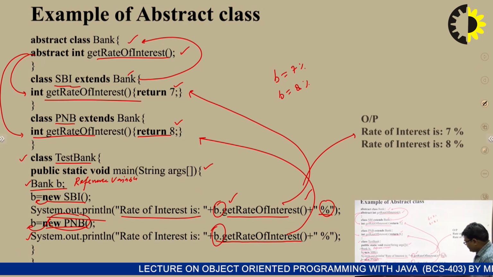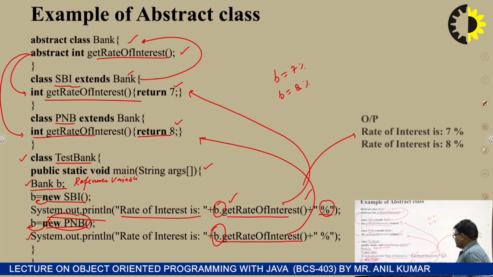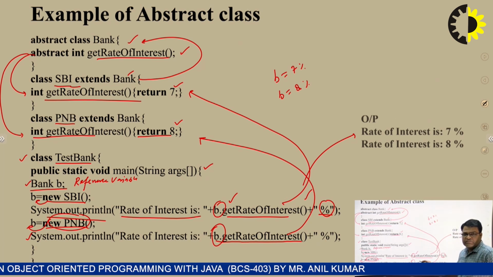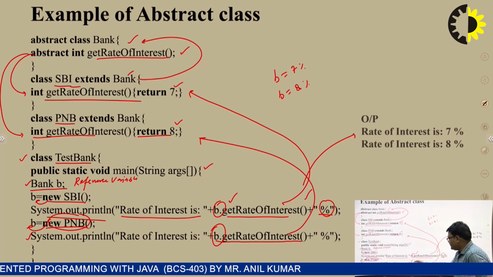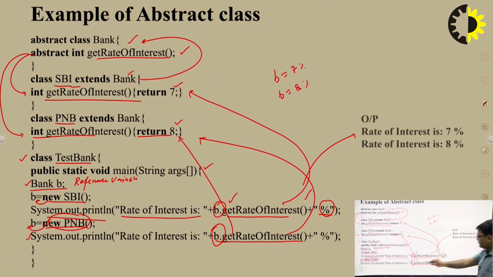But the second time, when the reference variable calls getRateOfInterest with the help of PNB object, it will return 8%. Rate of interest is 8%, and the percentage sign will be appended when the statement is executed.